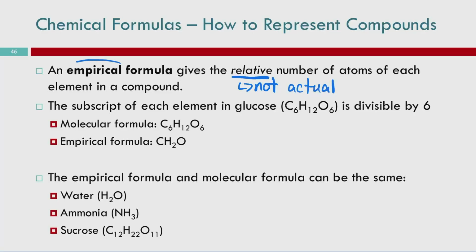Empirical means not relating to empire, but in our case it means experimental or experimentally determined. We'll do a lab where we come up with an empirical formula. So hopefully that'll help us see why there's some value in learning about empirical formulas.